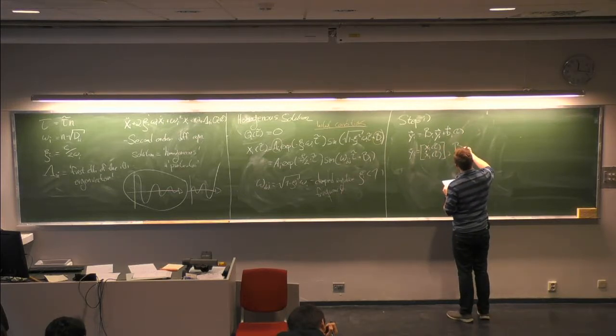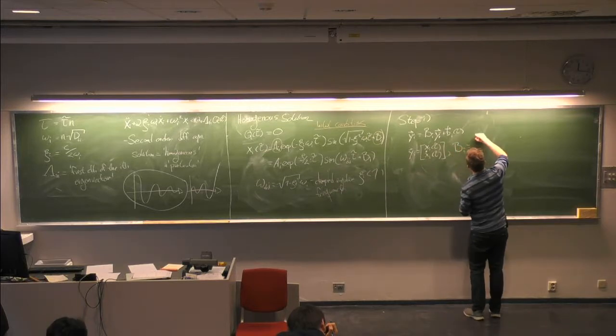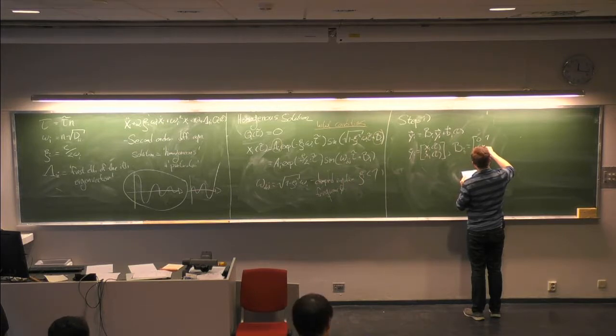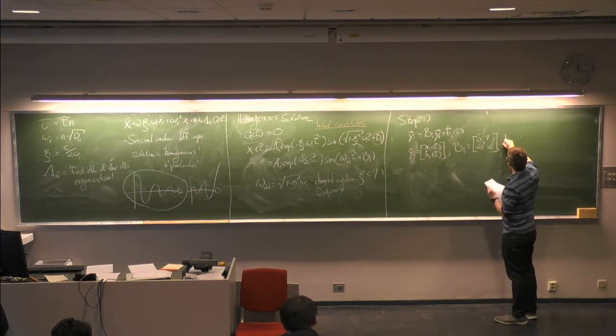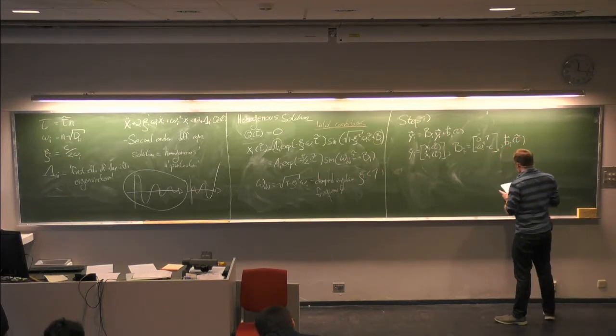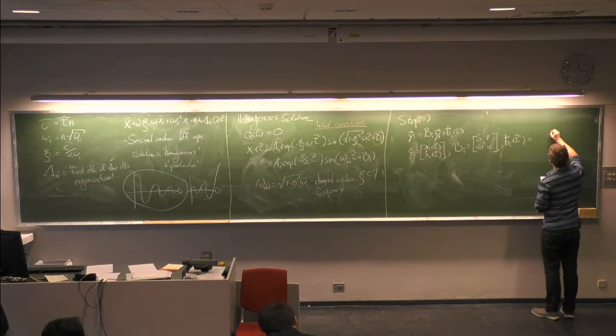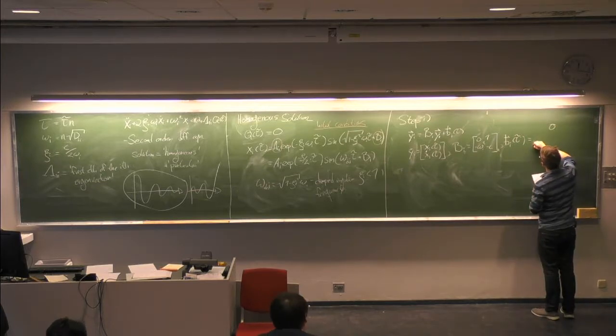B_i is going to be 0, 1, omega_i squared. This is a 4x4 matrix, and b_i tau tilde 0 is a 1 lambda_1 i q tau tilde.